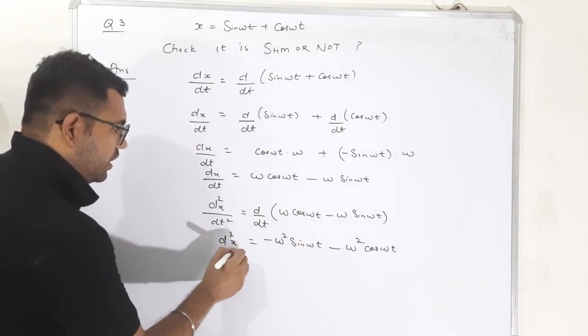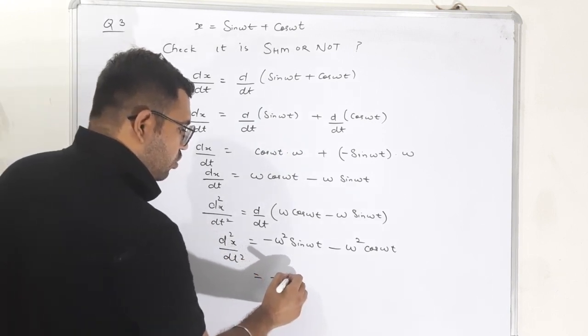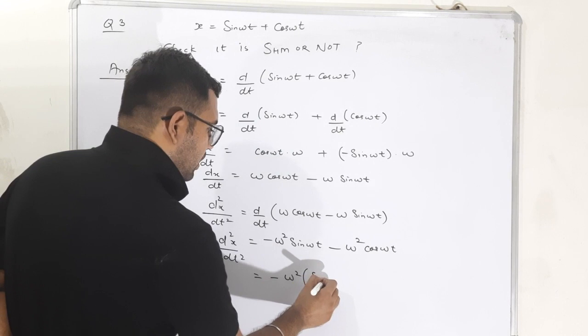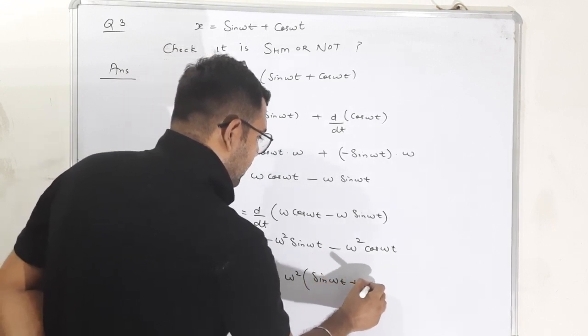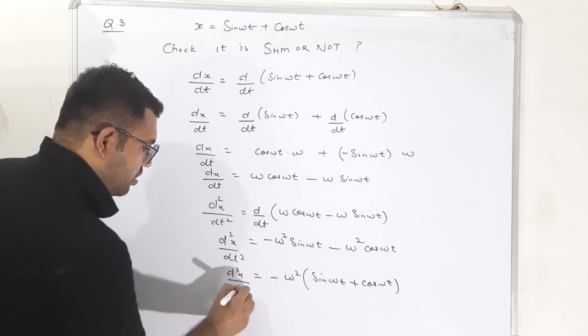So d square x by dt square, so minus gets common, and omega square also. So minus omega square times sin omega t plus cos omega t is equal to d square x by dt square, right?